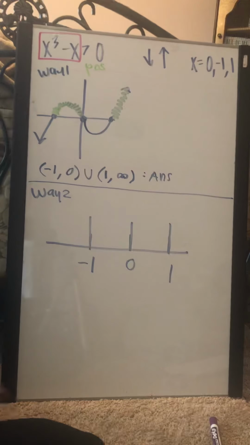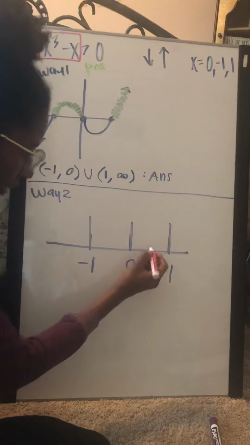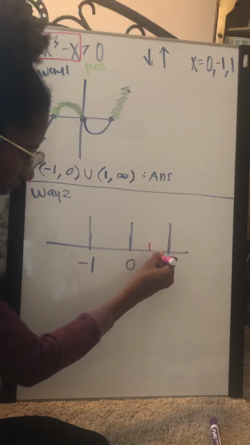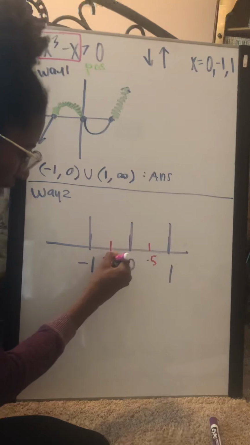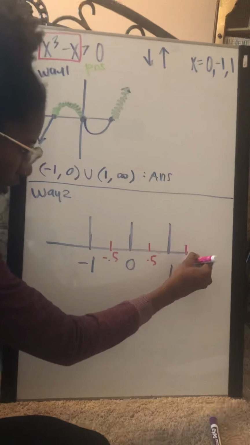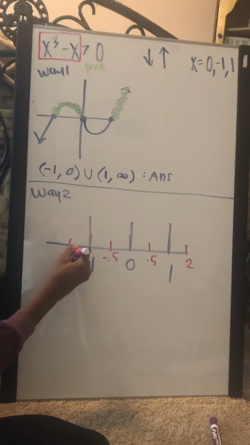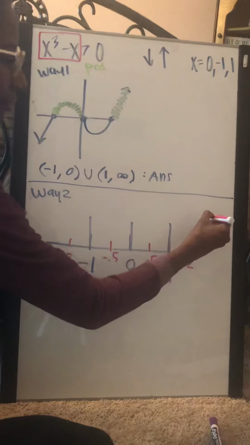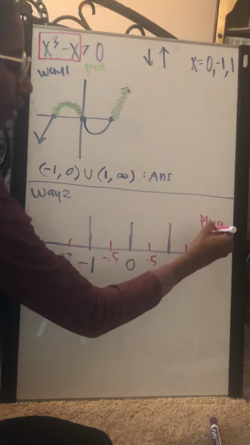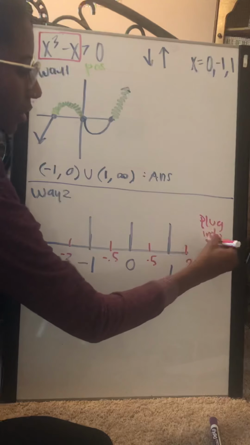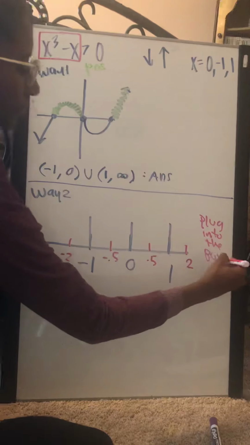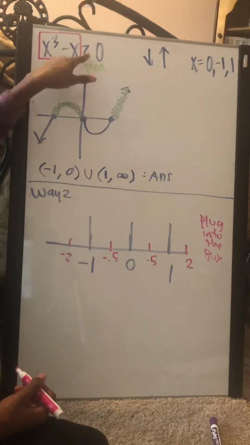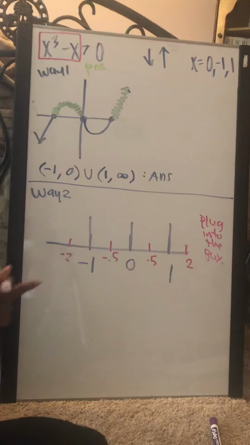So if I pick a number between these intervals, here we could do 0.5, here we could do -0.5, here we could do 2, and here we could do -2. And again, we need to plug these into the box, okay? And the box only shows up when there's a 0 on the other side. Can't stress it enough, okay?